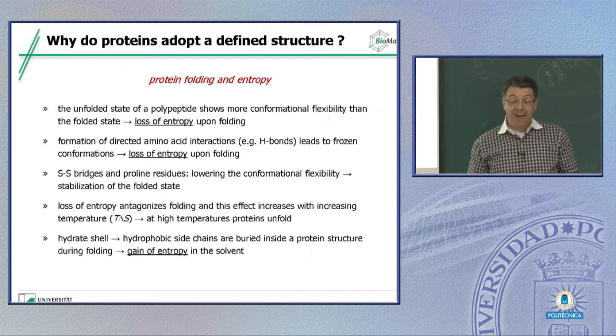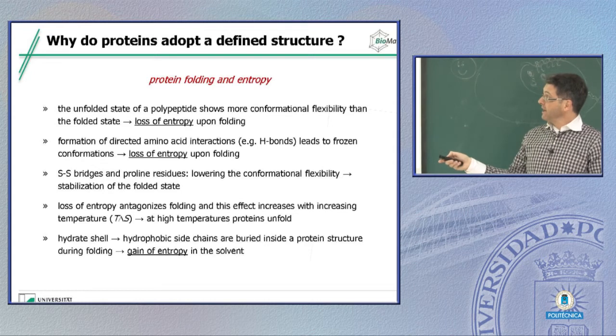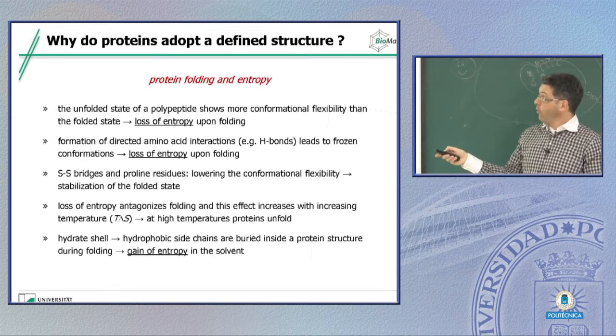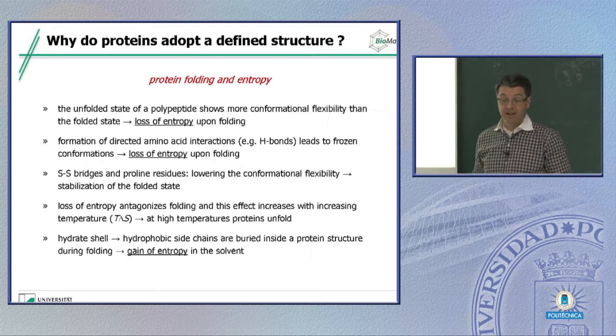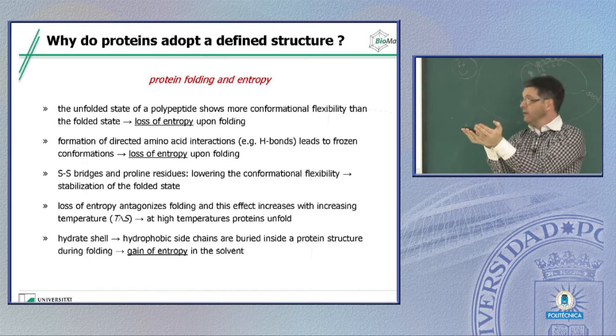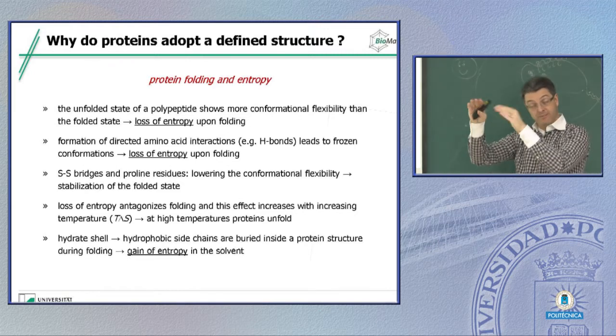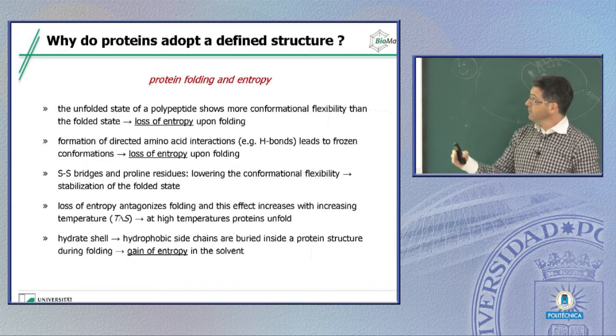So then we can have some chemical stabilization in some cases. We can have disulfide bridges, or we can have the proline residues, and we talked about the proline residues yesterday. Because the side chain of the proline is a ring structure, it's especially a helix breaker, but it also interferes with beta sheet formation.